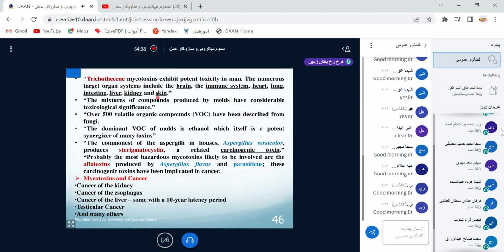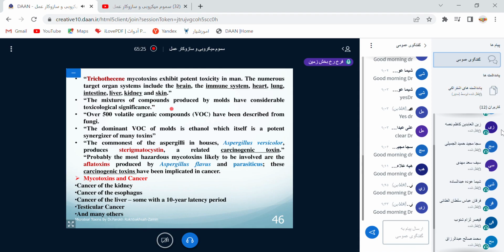Any problem to the brain, the immune system, the heart or lung, the liver and kidney, only a problem in one of them can be life-threatening. Only a problem in one of them can make the patient die. But this toxin can affect brain, immune system, heart, lung, intestine, liver, kidney, skin. So it is very dangerous. Trichothecene is a very dangerous mycotoxin.